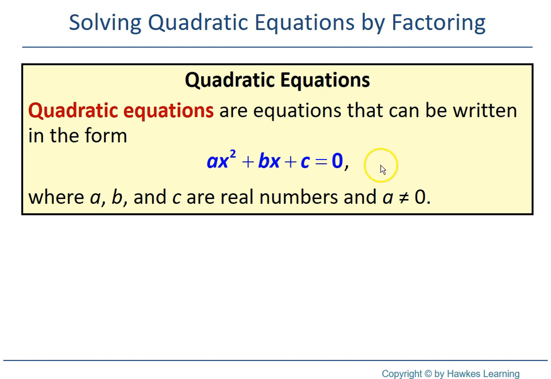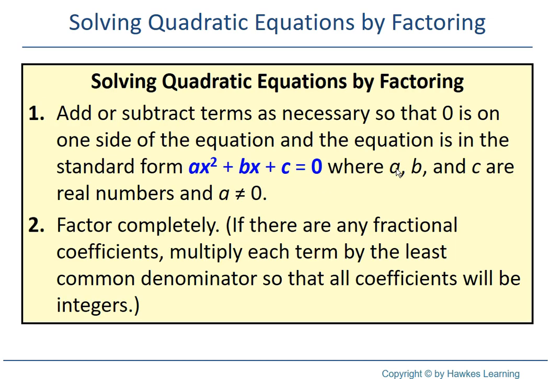So, in this method, if you have a quadratic equation, and it's in standard form, where A, B, and C are real numbers, and A does not equal 0, then one of the methods for solving it will be by factoring this trinomial and then equating the factors to 0.